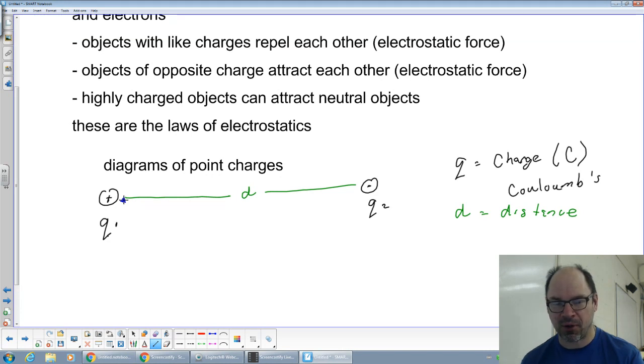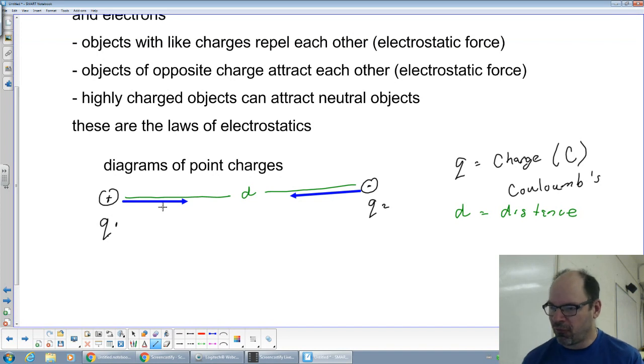If we're doing opposites attract, they're going to have a force that is pulling them together. So if we have this force, and this force, that are causing them to move together.